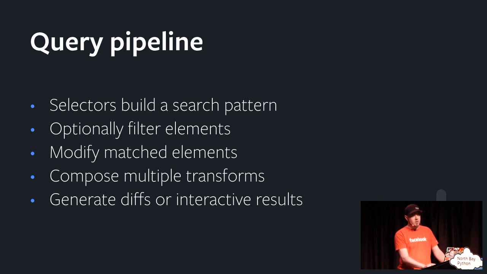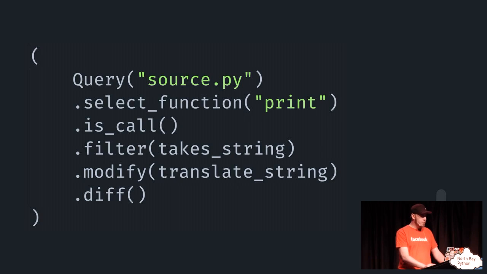And Bowler then allows you to combine all of the above to generate a series of transforms. And you can end up getting the results either as unified diff, interactive output, or just writing the changes to disk immediately.